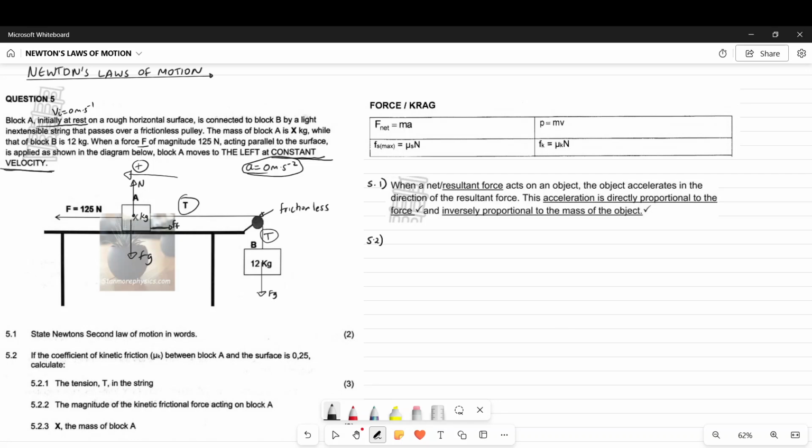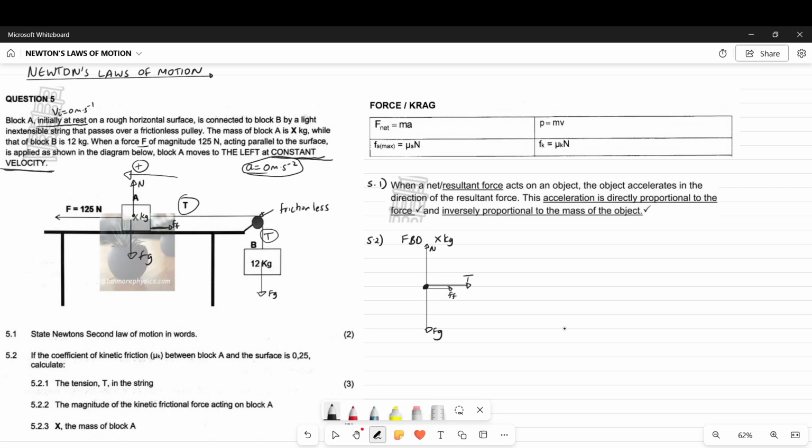So let's get a free body diagram for this. For block X, you can write here: free body diagram for block X kgs. The first thing is the dot, always. Then you're going to indicate Fg, then the normal force, then the tension in the string, and then your frictional force.